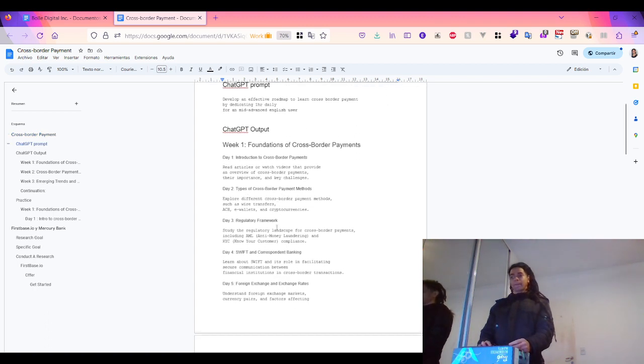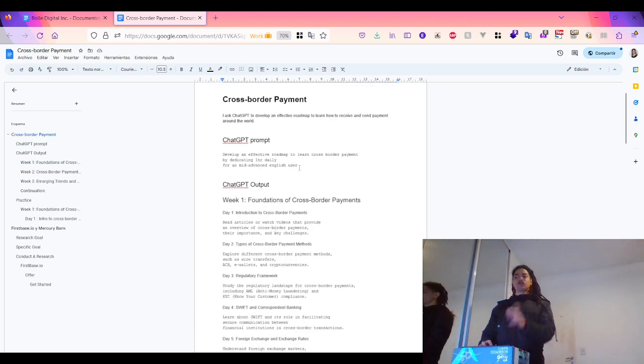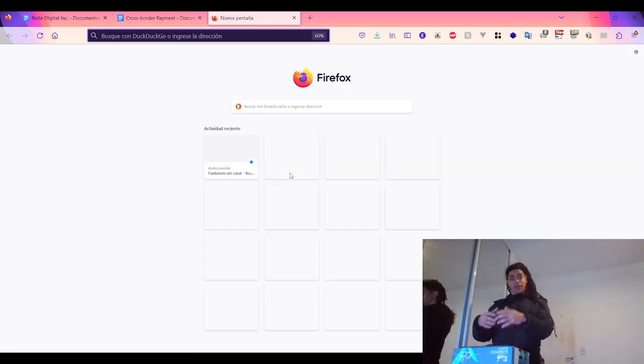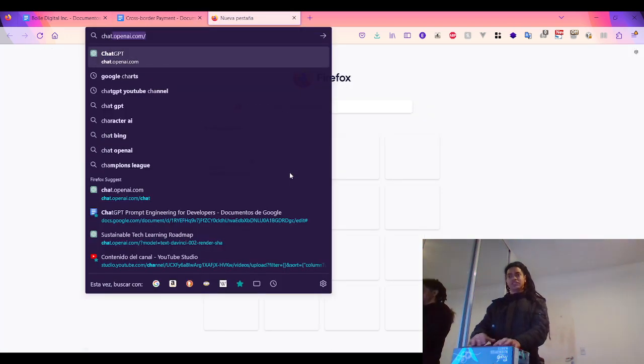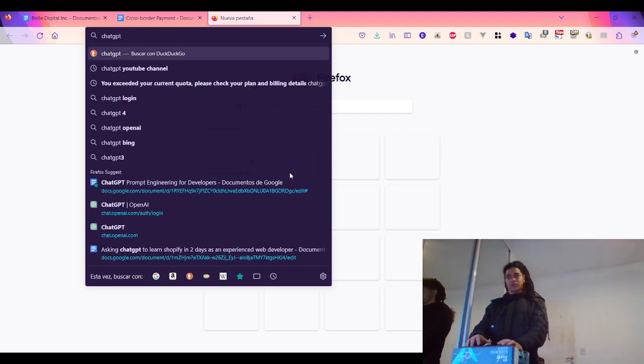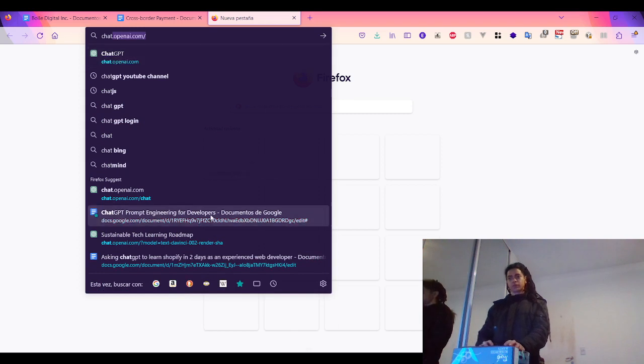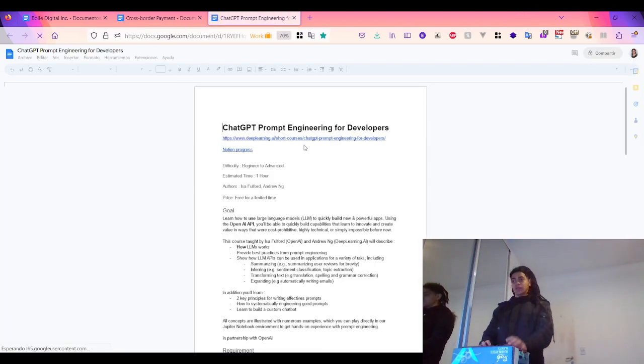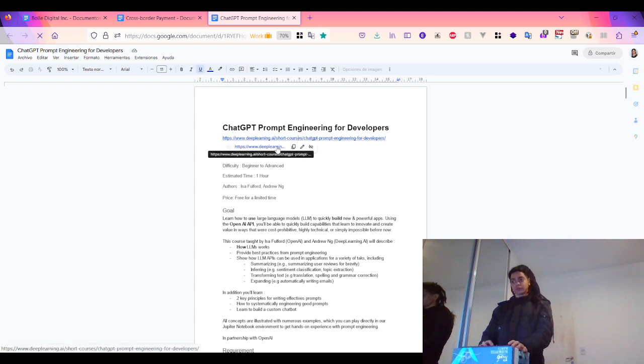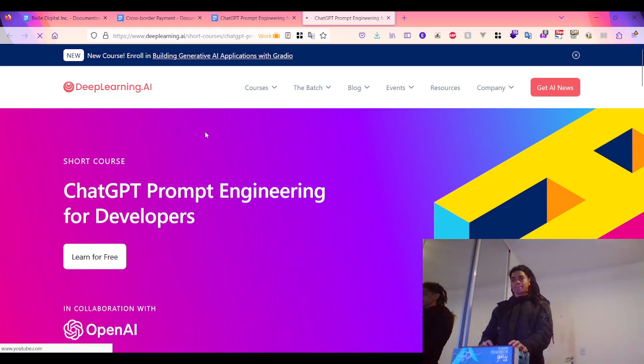And I also use some of the concepts I learned from the ChatGPT prompt engineering course, which are these notes.